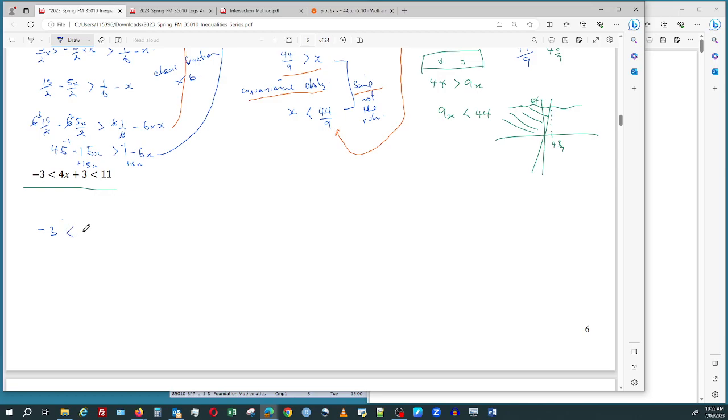So we can have minus 3 is less than 4x plus 3. And because that's the intersection model, that's the intersection interval. We had to recognize that. That's the one that is the and. Over here it's 4x plus 3 is less than 11.